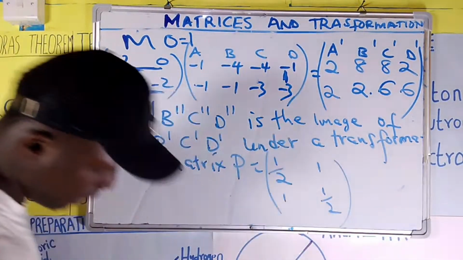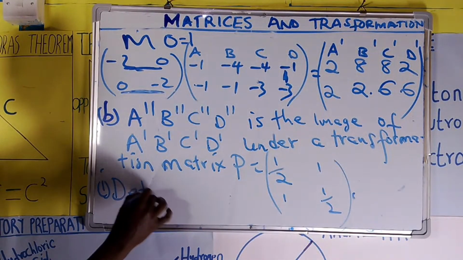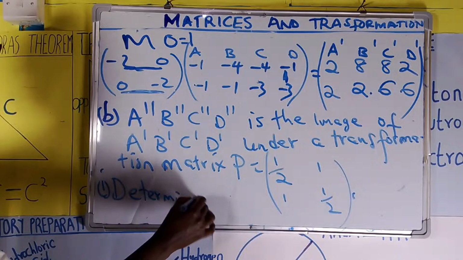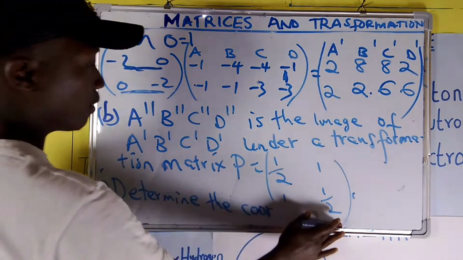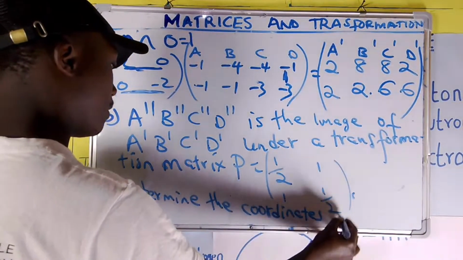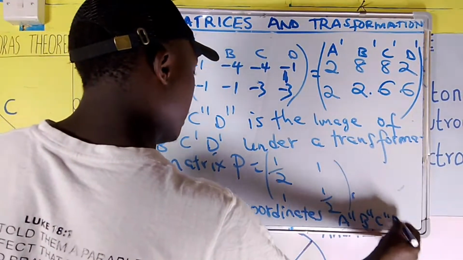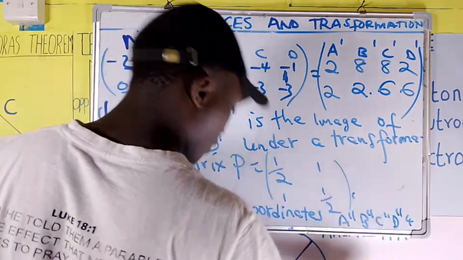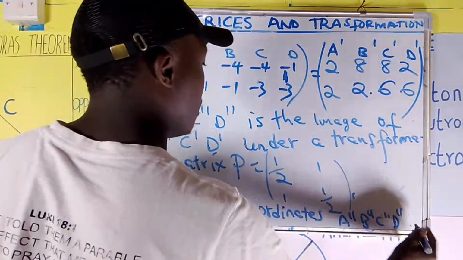Roman 1, determine the coordinates A double prime, B double prime, C double prime, D double prime. 2 marks.